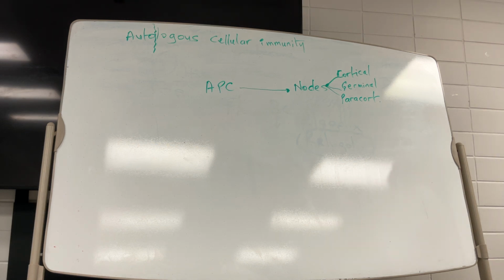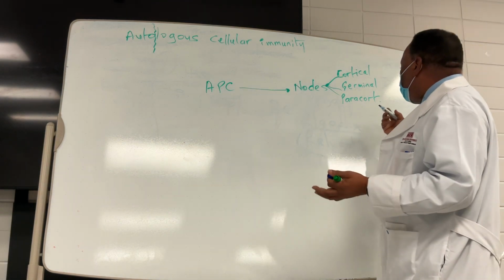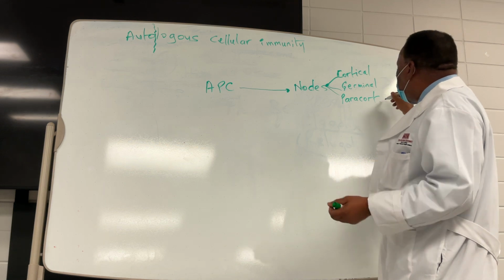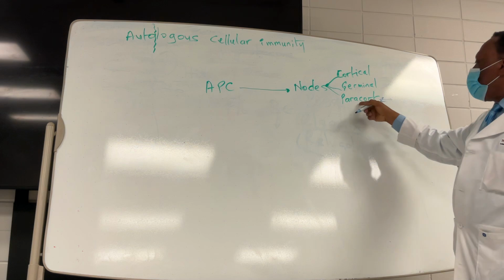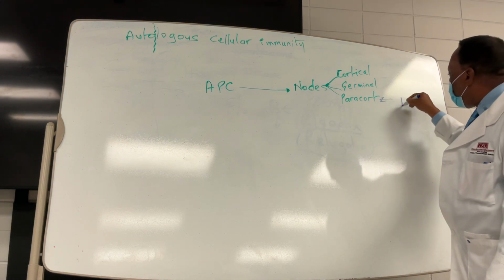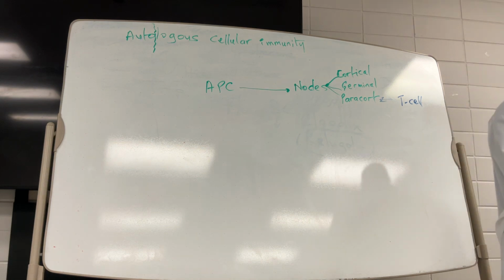Where the APC would take that antigen to depends on which immune system is supposed to be stimulated. For instance, if what you need is a T cell activation, the APC will take the antigen to your paracortical system because that's where your T cells are.